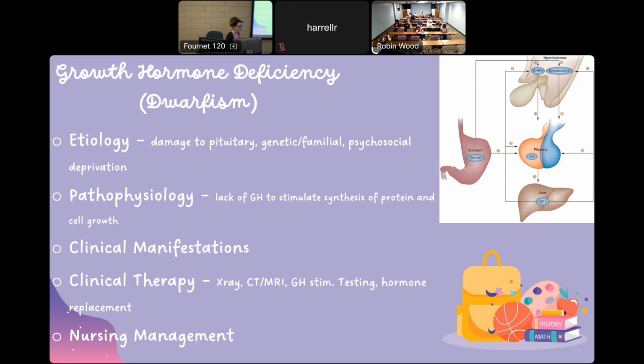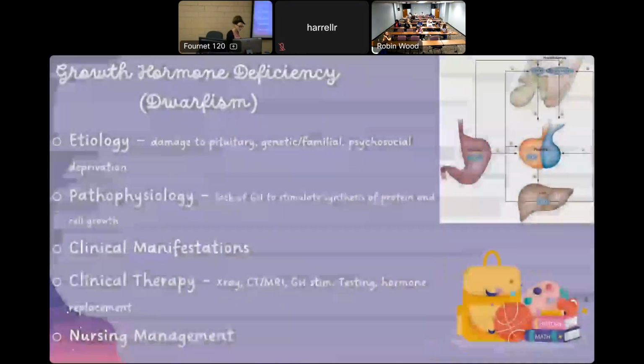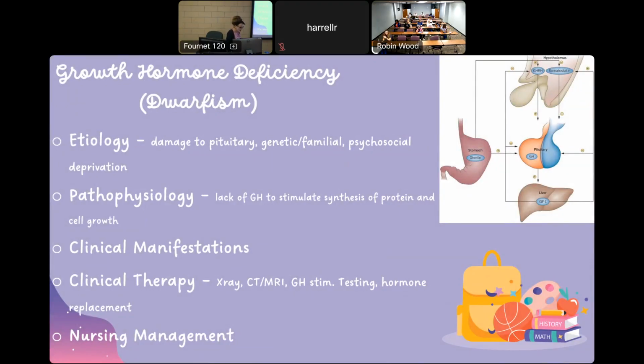So our treatment, if they do determine that the levels of the hormones are deficient, is going to be growth hormone supplementation. And we do that with either IM or sub-Q injections 6 to 7 times a week until growth is complete, which is somewhere along the lines of 14 to 16 years old.